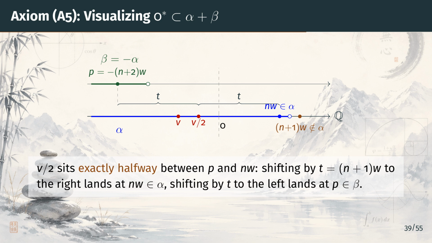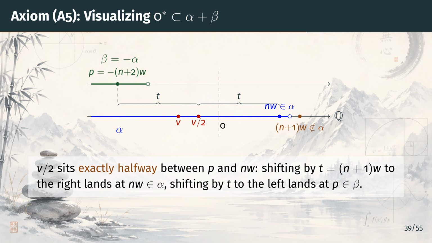Now pay attention to the midpoint V over 2 shown on the lower line. The two braces above the line show that V over 2 is equidistant from nW on the right and from P on the left, at distance exactly T equals (n plus 1) times W. In other words, V over 2 plus T equals nW, which lives inside alpha, and V over 2 minus T equals P, which lives inside beta on the upper line.